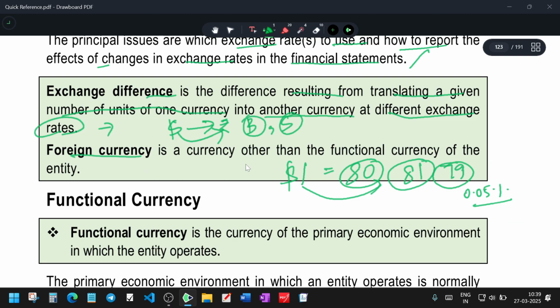Foreign currency is a currency other than the functional currency of the entity. Functional currency is the rupee. Any currency other than the rupee is foreign currency. Is Bitcoin a currency? It is a cryptocurrency. No, cryptocurrency is not a currency. It is not legally binding as a foreign currency. The US has accepted Bitcoin now.